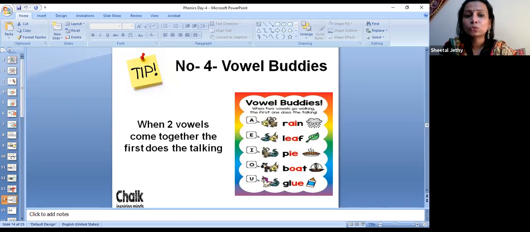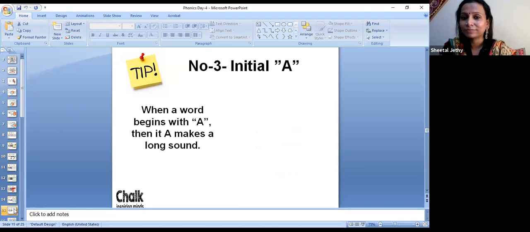Let's come to rule number 3, the initial A. When a word begins with A, it is majorly a long sound. Now you will have to think about the words which start with A. When a word starts with A, the longer pronunciation is usually there, like ace.